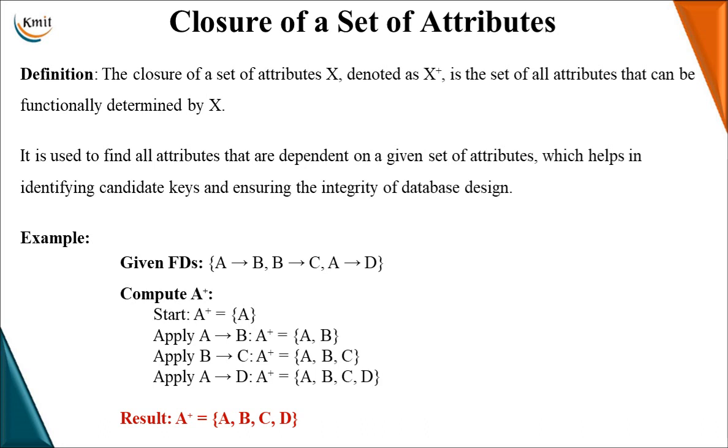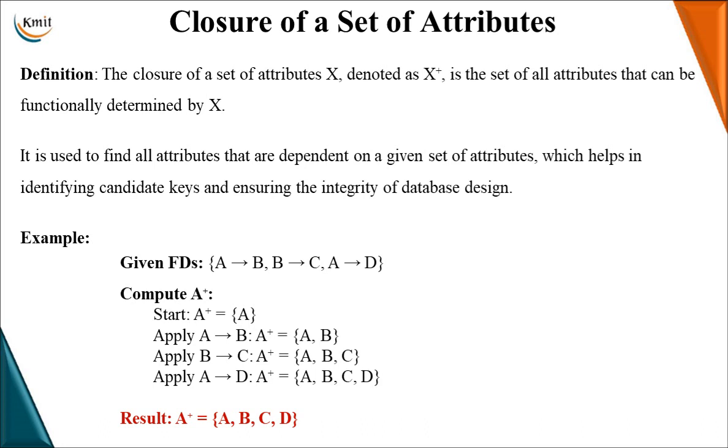Let us look at this with respect to attribute B. If I have to find B plus, by default B will be introduced. Now let me check these dependencies. A determines B is of no use to me.